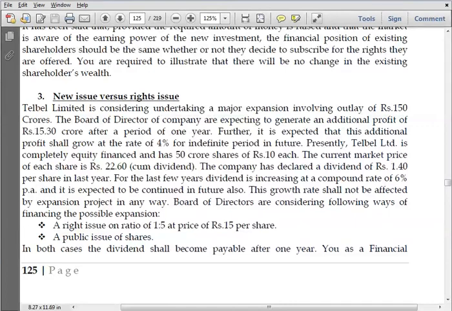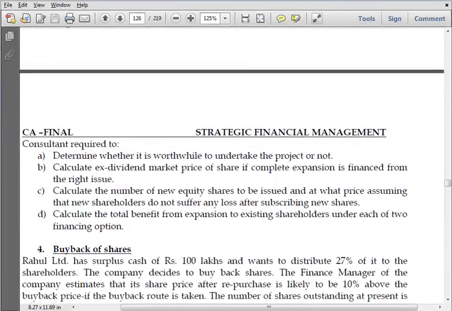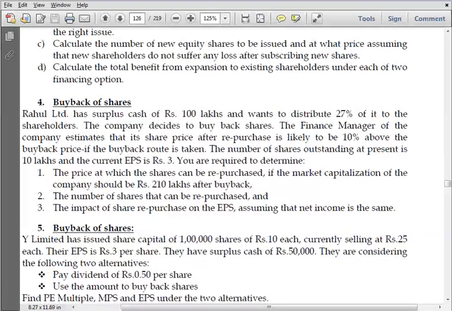P naught will be taken as ex-dividend price. Next, I don't have any other major adjustment there.